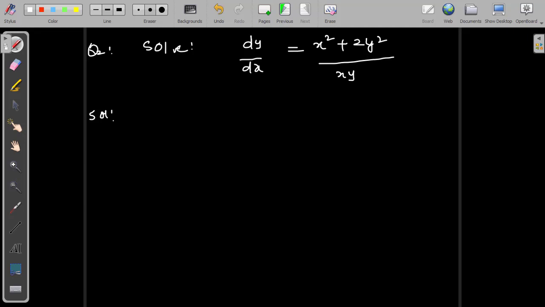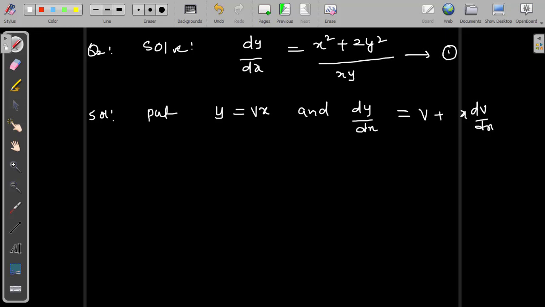I'm writing directly. Now let us suppose this question itself is equation 1. So put y equal to vx, and so dy by dx will be v plus x times dv by dx in equation number 1, because clearly it's a homogeneous function with degree 0.